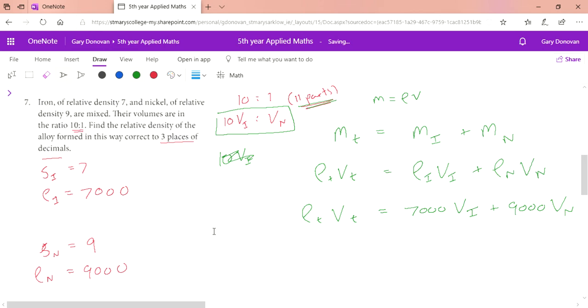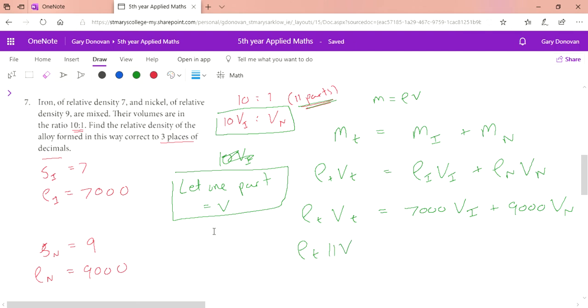So let's just figure out in this equation what one part is. So I'm going to say let one part equal V.